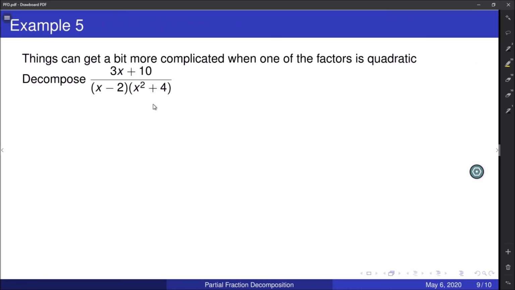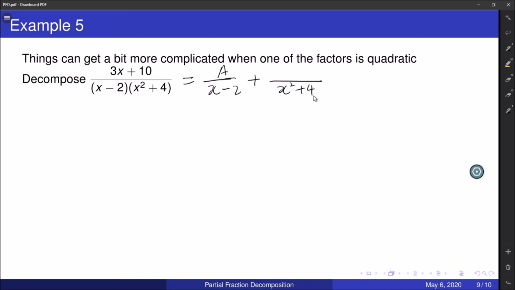Alright, next one. It's slightly more complicated because you actually have a quadratic term here. The issue with a quadratic term is, when you decompose it, with x squared plus 4, you can't just assume that this is a constant term, because according to the theorem we had earlier, the numerator just has to be of lesser degree than the denominator.